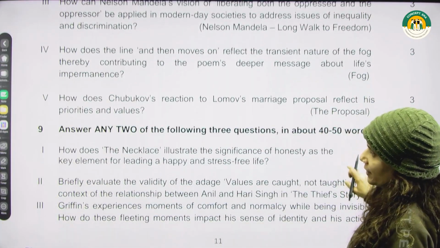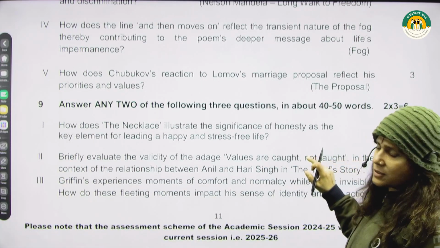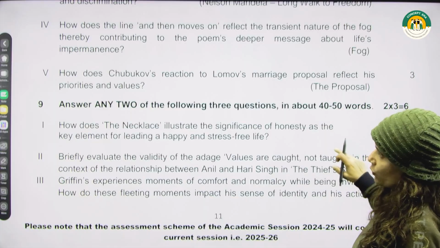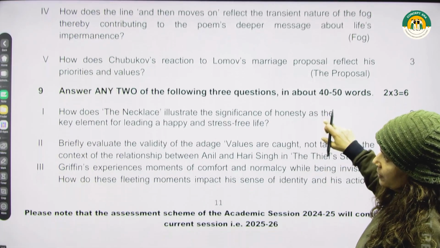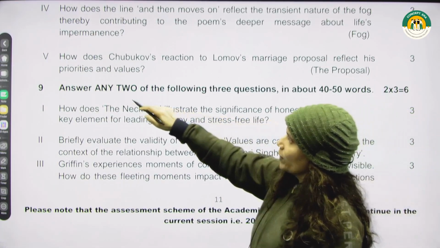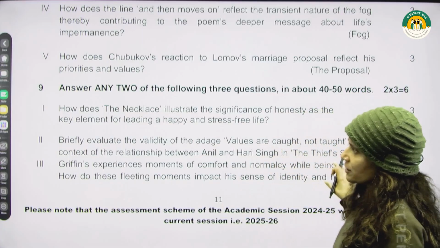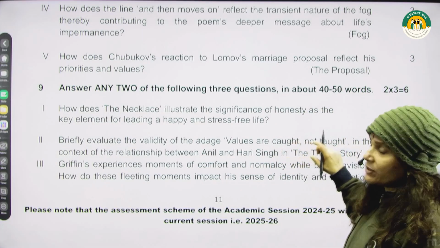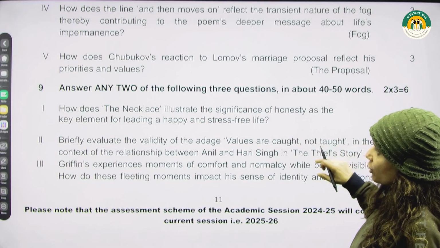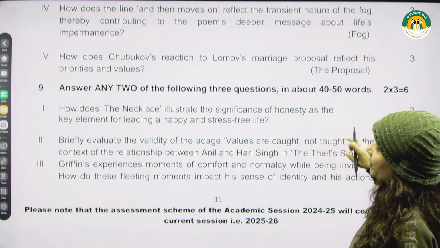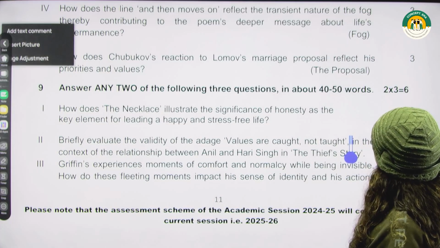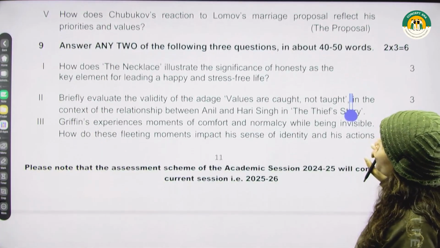Question number 9, further, is a short answer question with an internal choice. Out of 3, the child must attempt only 2 questions. And this particular question 9 is associated with the supplementary reader, which is Footprints Without Feet.